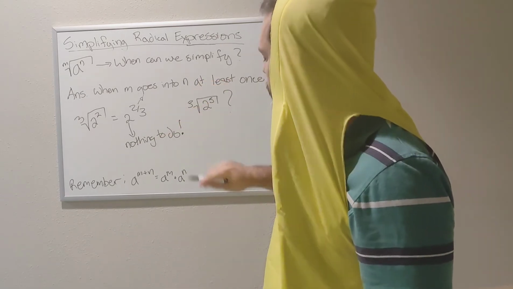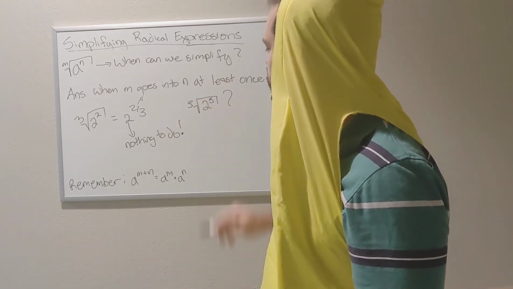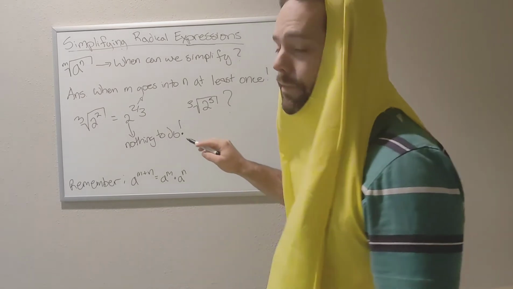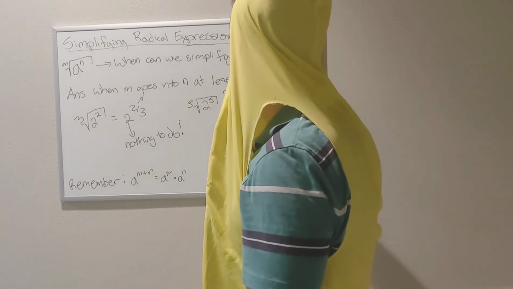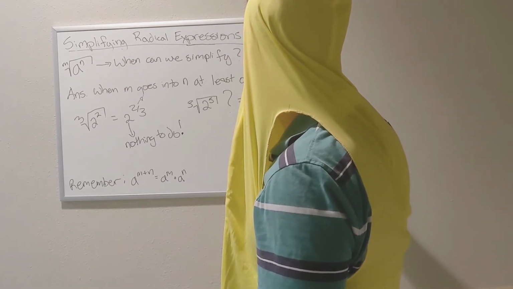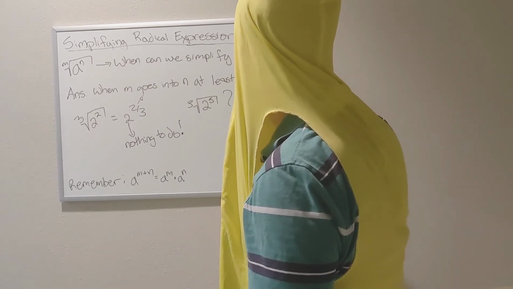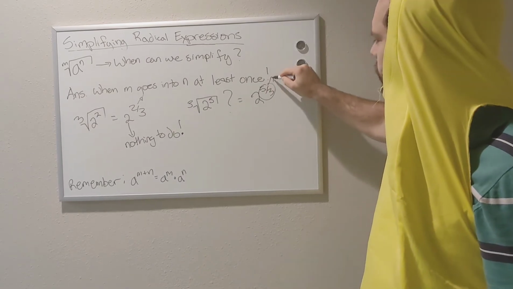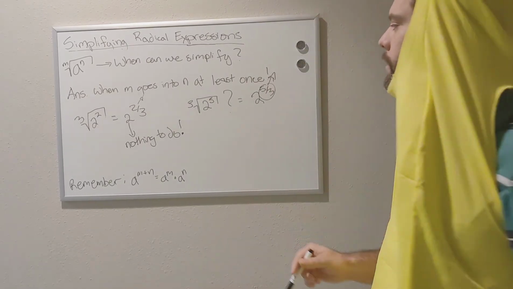But there is something we can do with the cube root of 2 to the 5th. And it's not immediately clear why, because this is equal to 2 to the 5 over 3. Here we get another fractional expression. What can we do here?